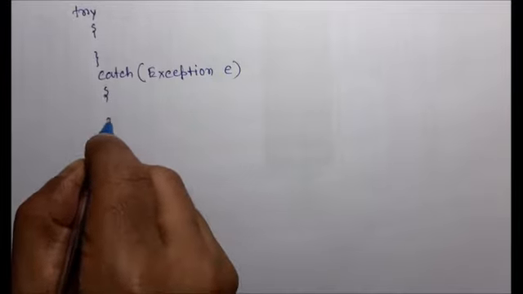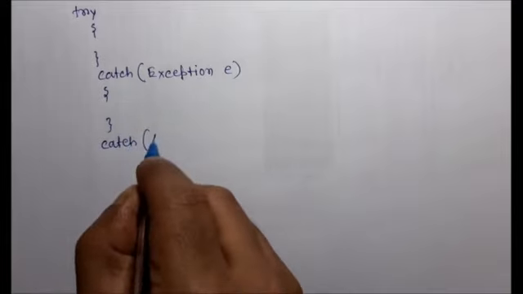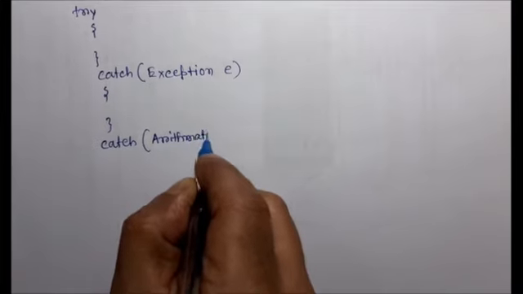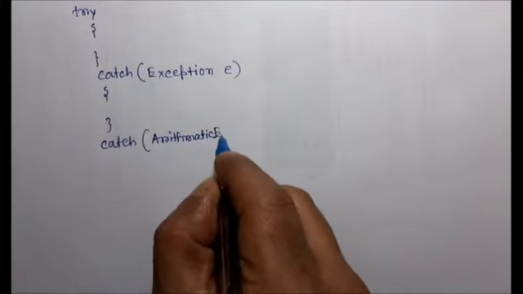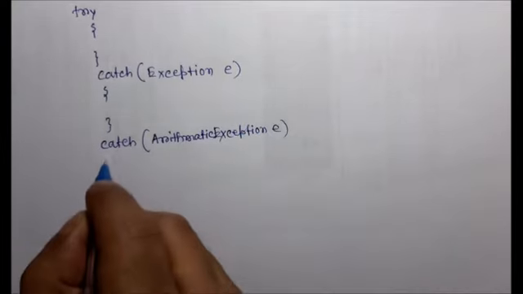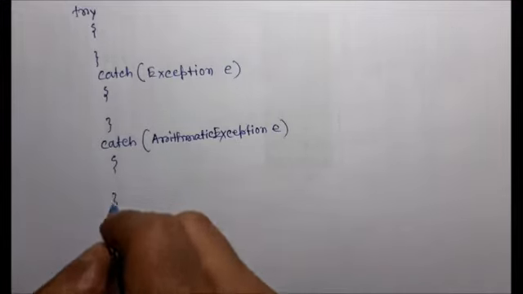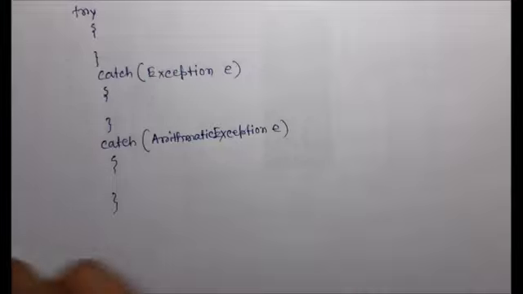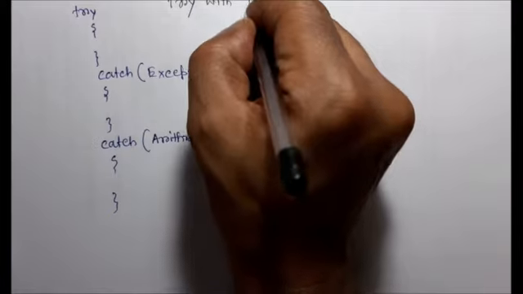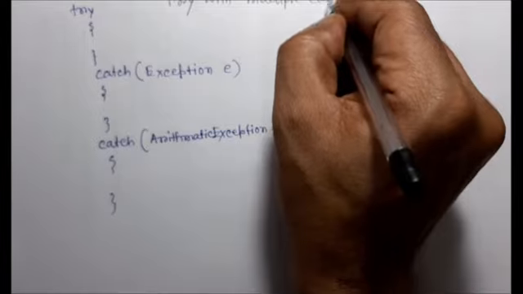Within this, I have another catch block, for example ArithmeticException e. So how many catch blocks are there? Two. So the topic is try with multiple catch blocks.